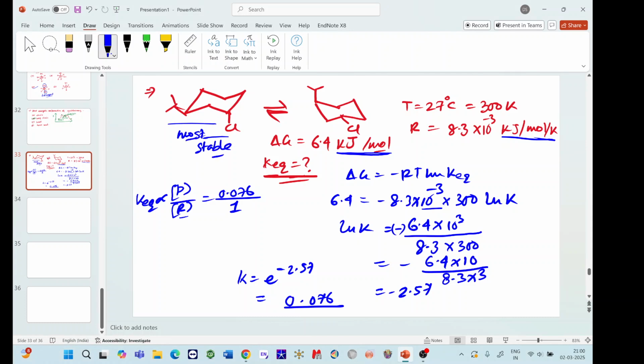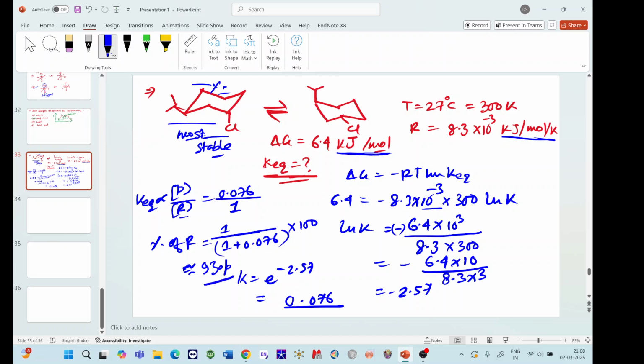And if you need to calculate how much percentage of this one is available: percentage of R equal to 1 by 1 plus 0.076 into 100, that is almost equal to 93%.